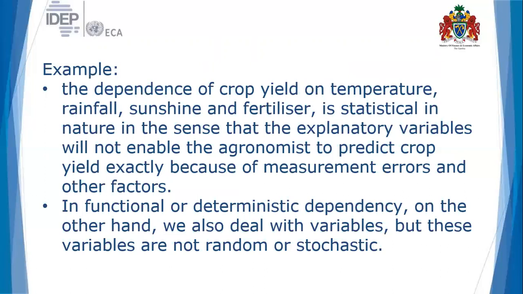This is one of the examples of a statistical or stochastic relationship, in the sense that the explanatory variables, these are the independent variables such as temperature, rainfall, etc., will not enable the agronomist to predict crop yield exactly because of measurement errors and other factors that could be at play or affecting crop yield, but not taken into account in the analysis.